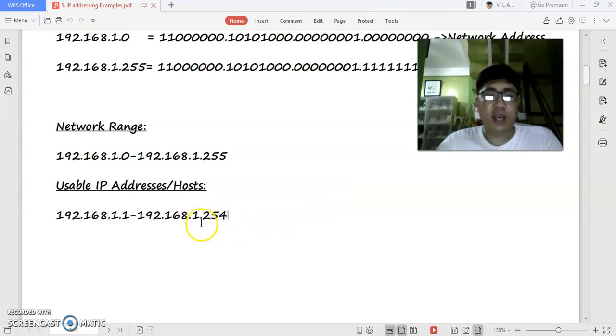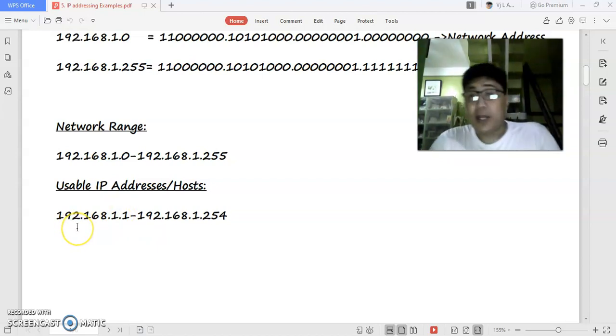Sure, if I need more than 254, then you use another class. For example, we only subnet the last part. If you think that 254 is not enough for the number of computers in a company that you are setting up, then you use class B, where the subnet mask is just 255.255.0.0.